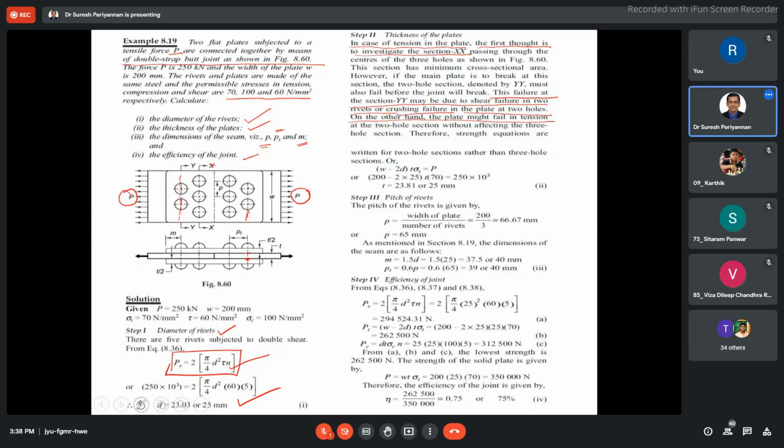Sorry, one minute. Sir, here should we take 10 rivets or 5 rivets? I mean, here 5 rivets. But in the figure there are 5 on each side, no, sir? We are taking the symmetric side.